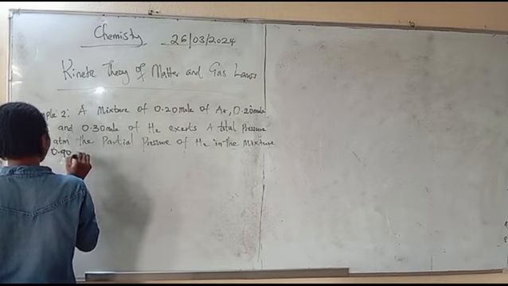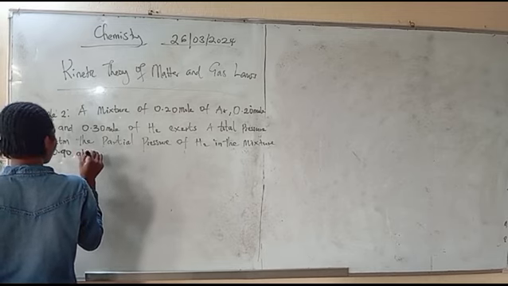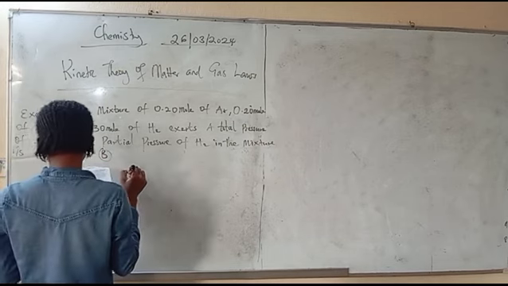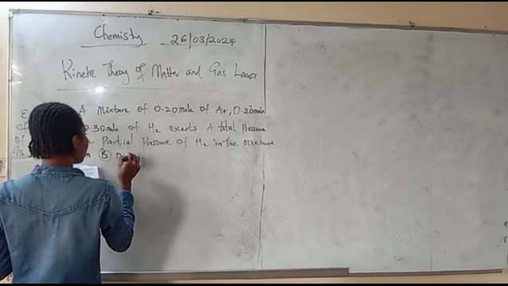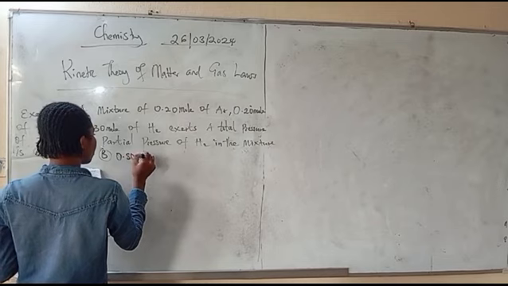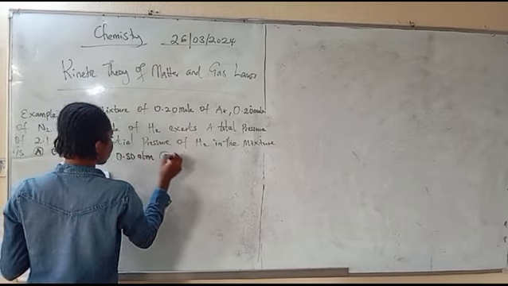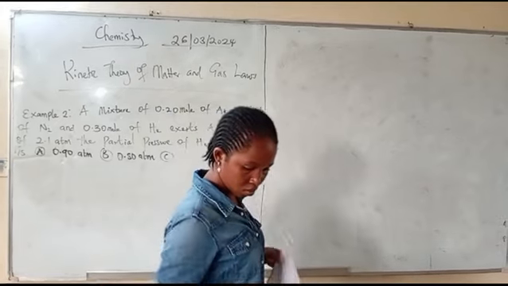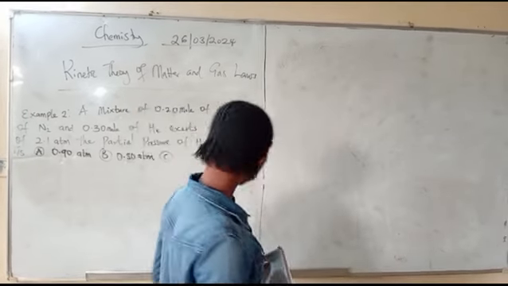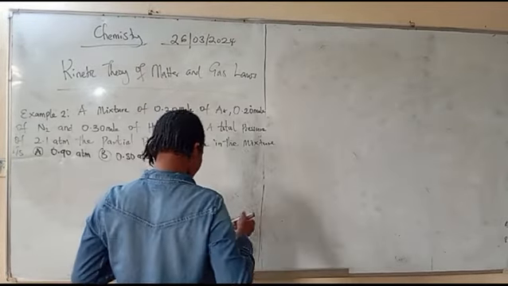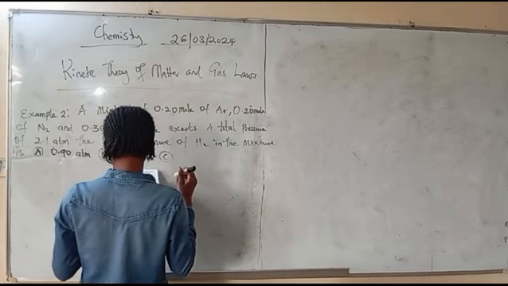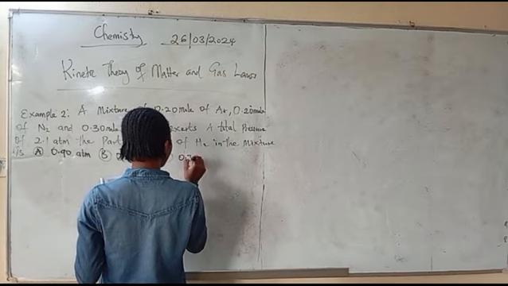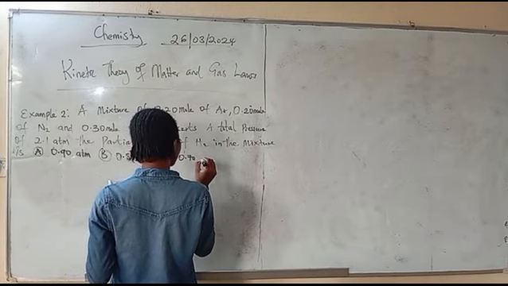The question says, from JAM 1997, a mixture of 0.20 mole of argon, 0.20 mole of nitrogen and 0.30 mole of helium exerts a total pressure of 0.1 atmosphere.